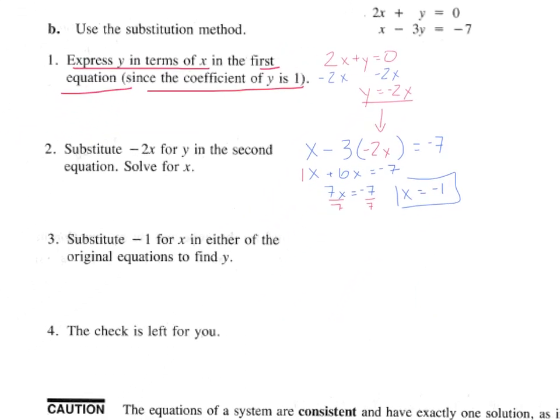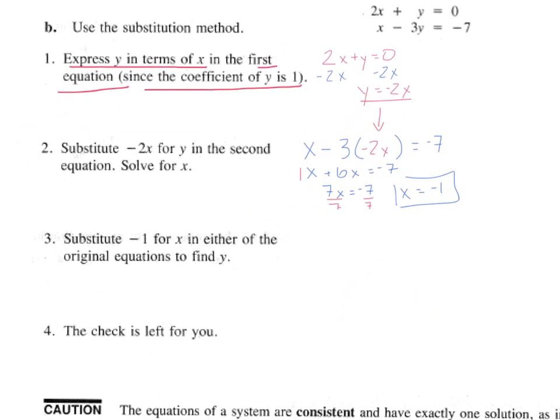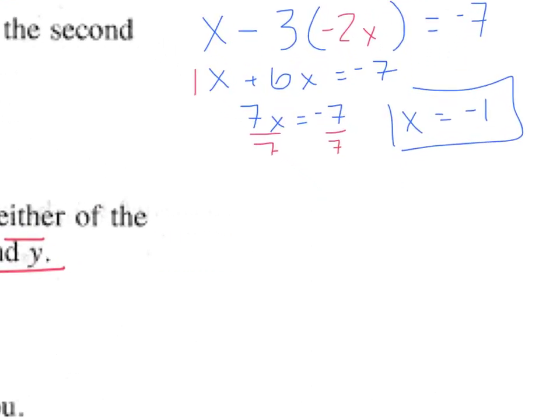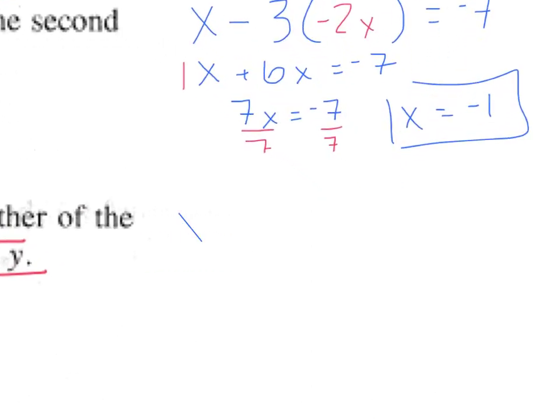So I'm going to take that negative 1 and follow the third step here. We're going to substitute negative 1 for x in either of the original equations to find y. It does not matter which one. I'm going to pick the second equation, x minus 3y equals negative 7.